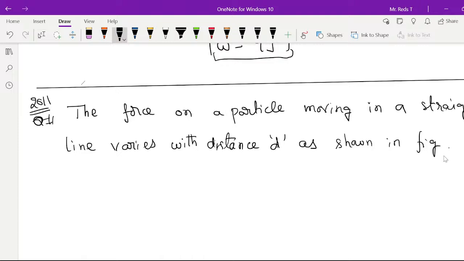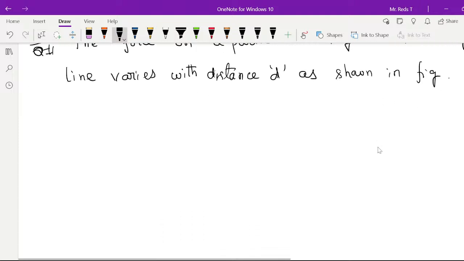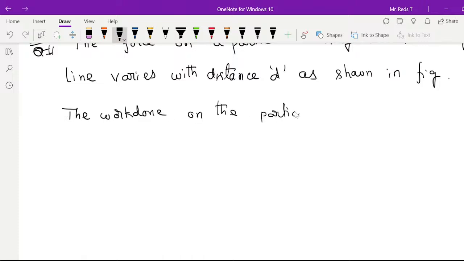Then the work done on the particle during its displacement of 12 meters is, the options.